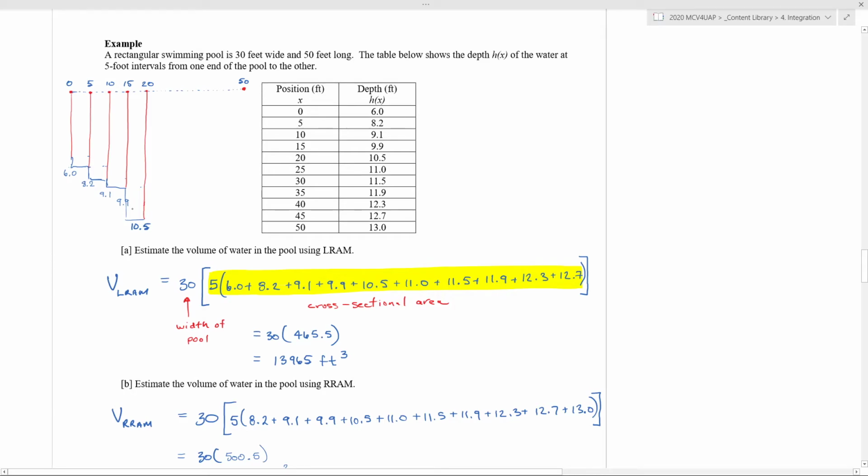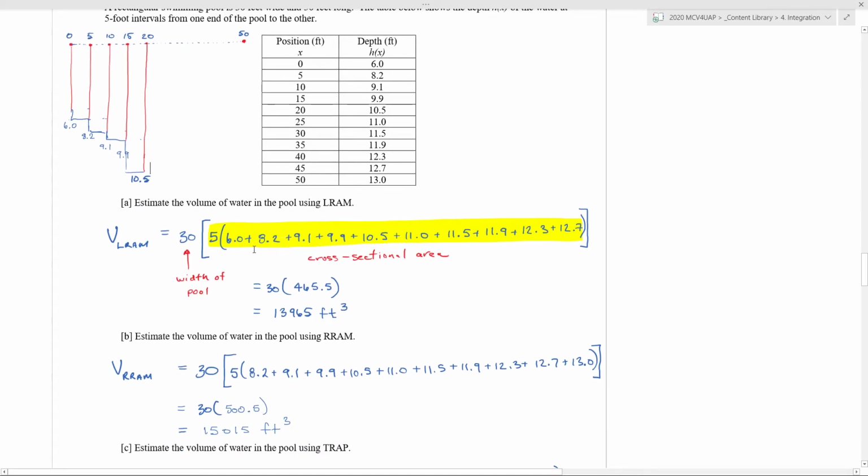So it's going to be 5 times, oops, I didn't draw that right. Yeah, I did. 8.2, 9.1, 9.9, 10.5, all the way to the end, 13.0. Multiply that by 5 because the width of each rectangle is 5. And then I need to multiply by 30 because the pool is 30 feet wide. And when you do that, you get 15,015 cubic feet.